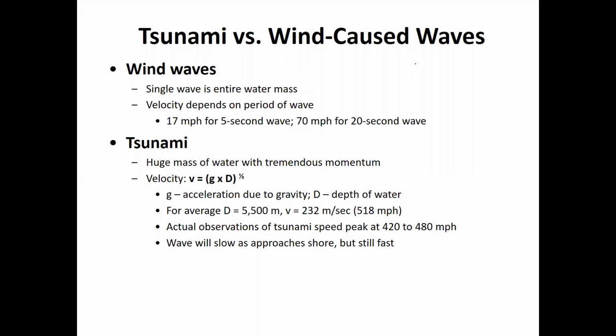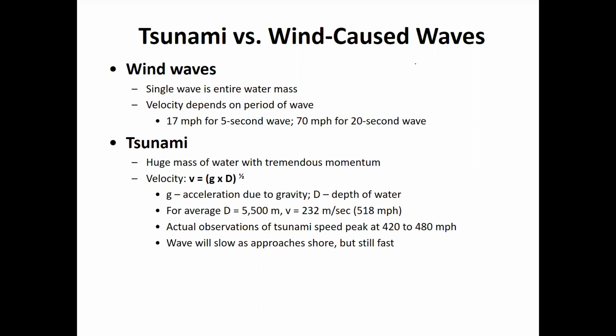Whereas wind waves are much smaller in scale, and a single wave is contained to half of the wavelength of the wave, so it doesn't extend down to the bottom of the ocean.